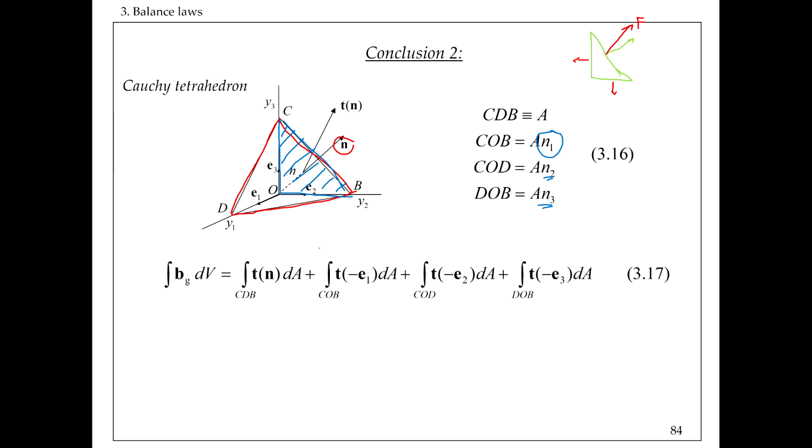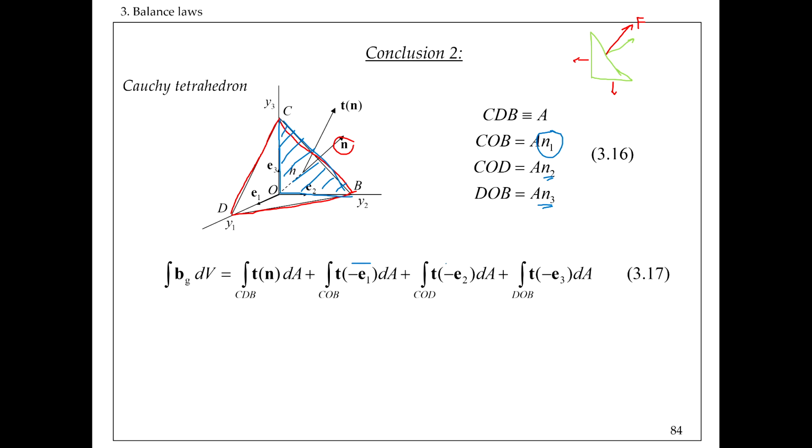And now we also have the traction over the area in the direction E1, but this is the opposite direction. So when we consider COB, the outside of the screen there, the normal is in the direction of E1, but in the opposite direction, so this is minus E1 from here. In a similar manner, when we consider COD, the outer normal will be in the opposite direction of E2, right?